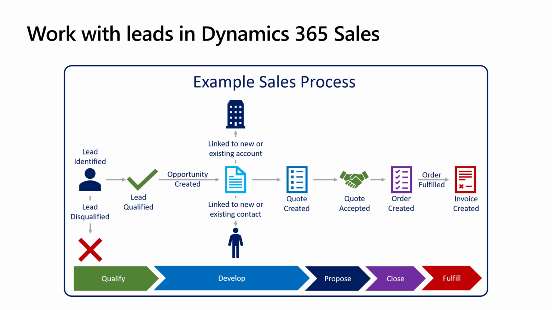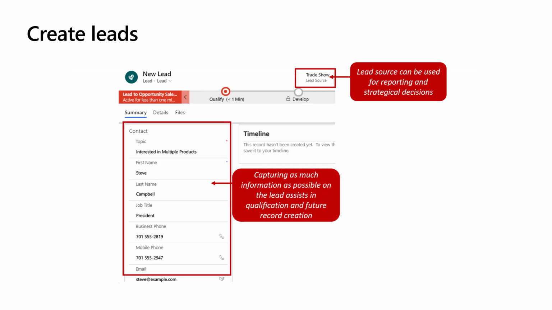Now for every stage, let's say lead qualification, there are multiple ways in which a lead can be created in Dynamics CRM. The first and most important way could be directly creating the lead through your quick create form. Or there could be other ways through integration.